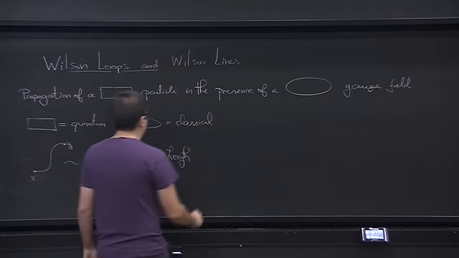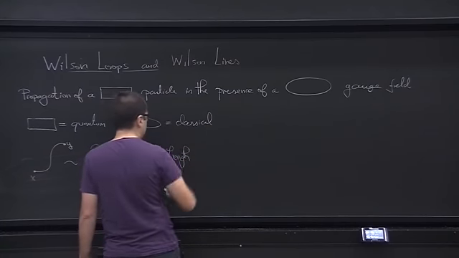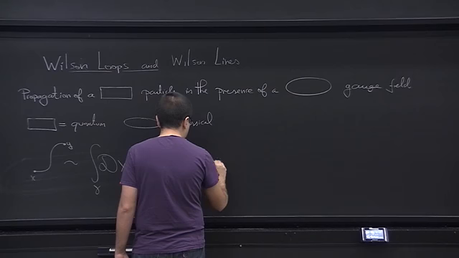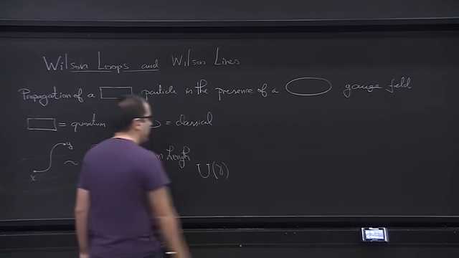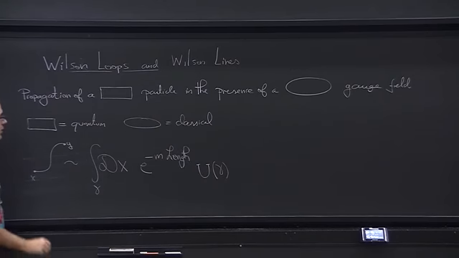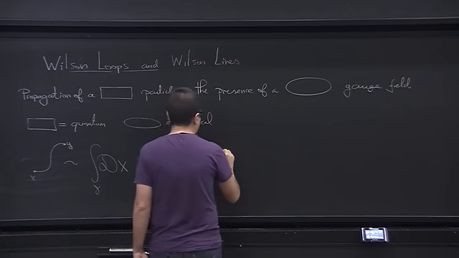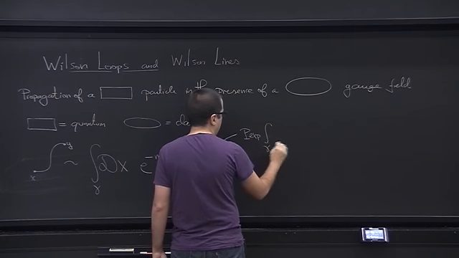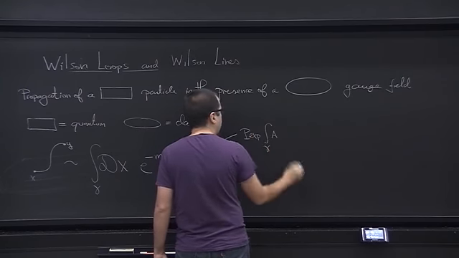And then there is a classical gauge field which is given by the Wilson line along the path gamma, the path order exponential of the gauge field along gamma of A. Okay?